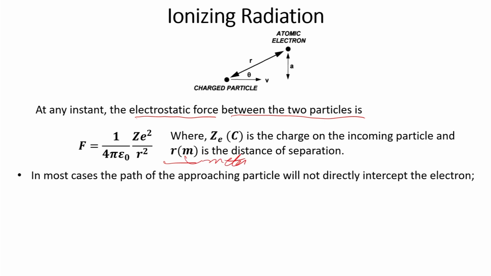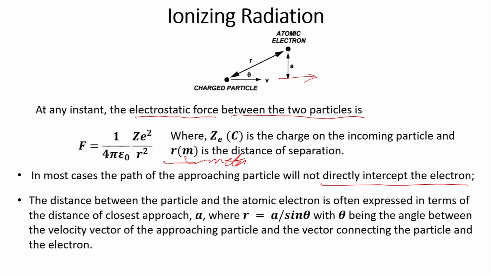As I already said, in most cases the path of the approaching particle will not directly intercept the electron. You can see from here, it is going in this direction, so apparently it is not intercepting the atomic electron. You can calculate the distance between the particle and the atomic electron, expressed in terms of the distance of closest approach, a.